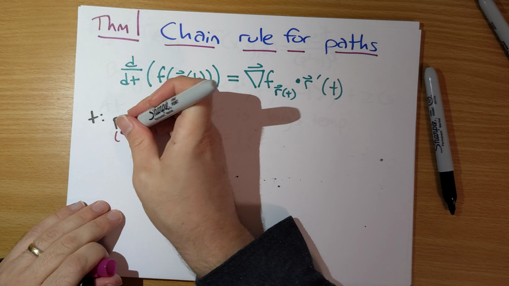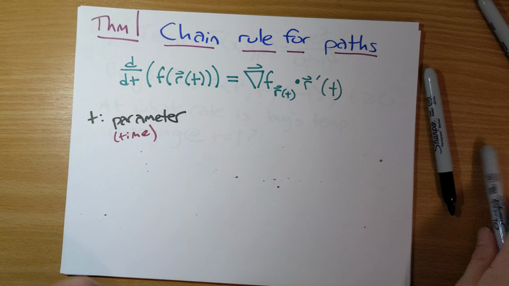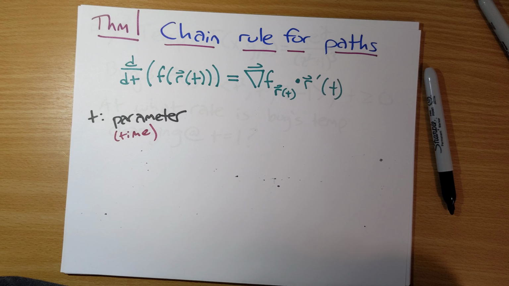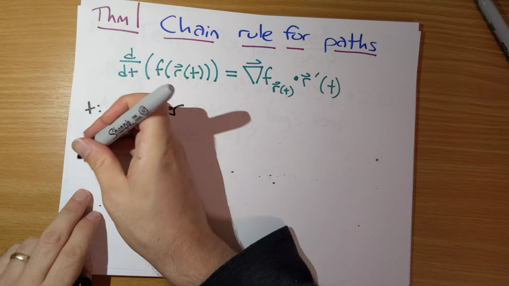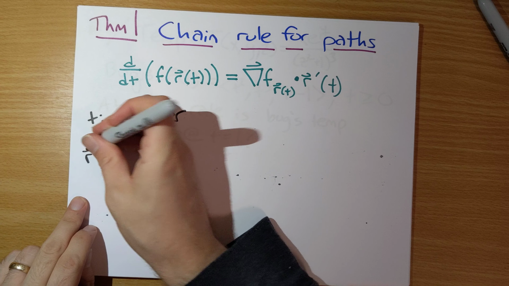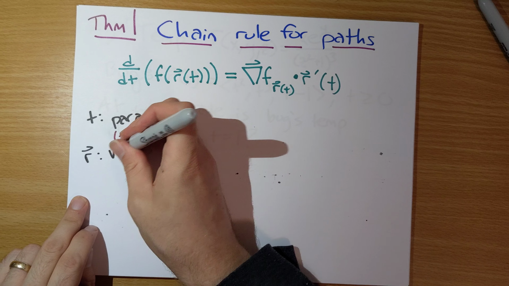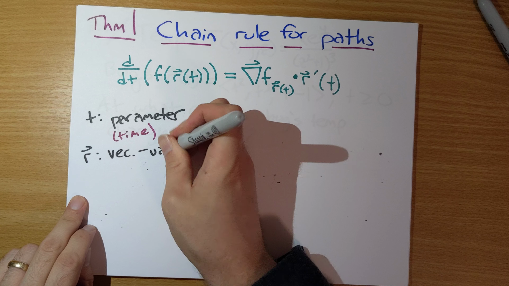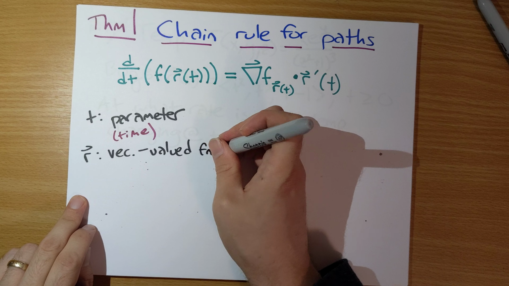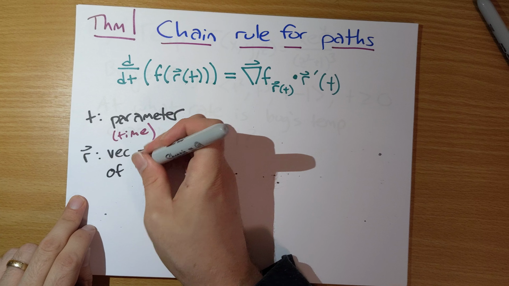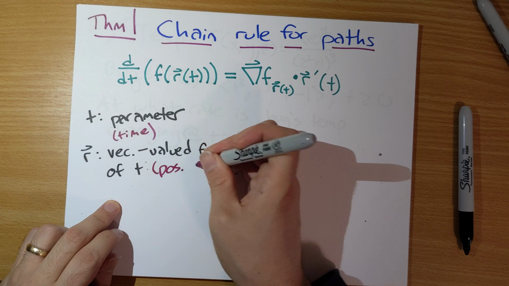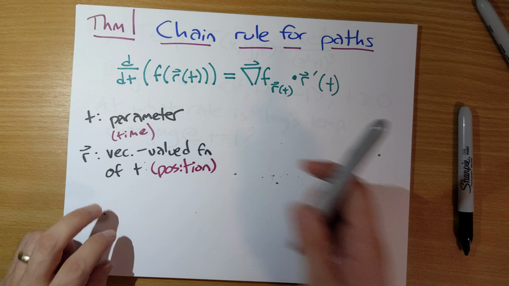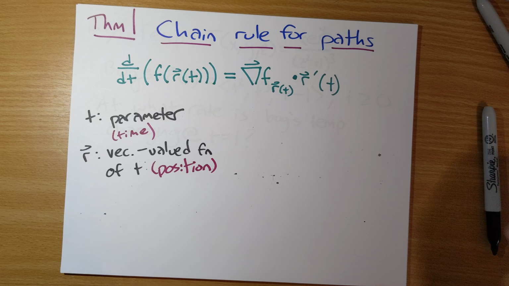For example, time is probably the easiest way to think of t here. r is a vector valued function of t, and probably that usually corresponds to your position here.